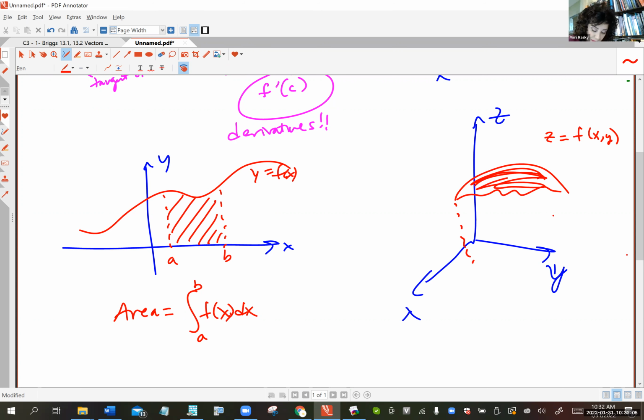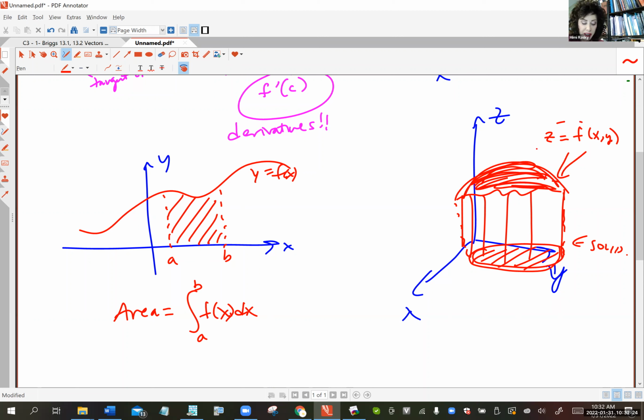And then underneath that surface, its projection, or the shadow it makes on the xy plane, will be the base of that solid. And here's what I'm asking you to imagine. Imagine that this is a solid where the top is the capping surface given by your equation there. And somebody said, go get the volume.